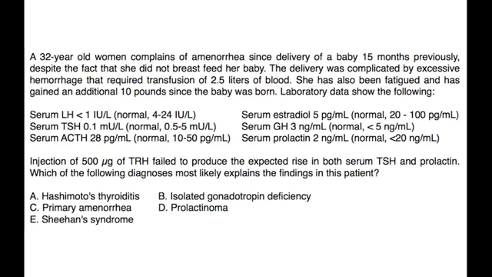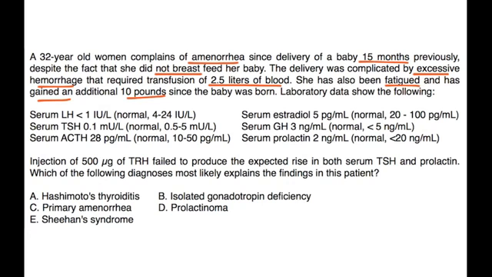A 32-year-old woman complains of amenorrhea since delivery of a baby 15 months previously, despite the fact that she did not breastfeed her baby. The delivery was complicated by excessive hemorrhage that required transfusion of 2.5 liters of blood. She has also been fatigued and has gained an additional 10 pounds since the baby was born. Lab data show the following.